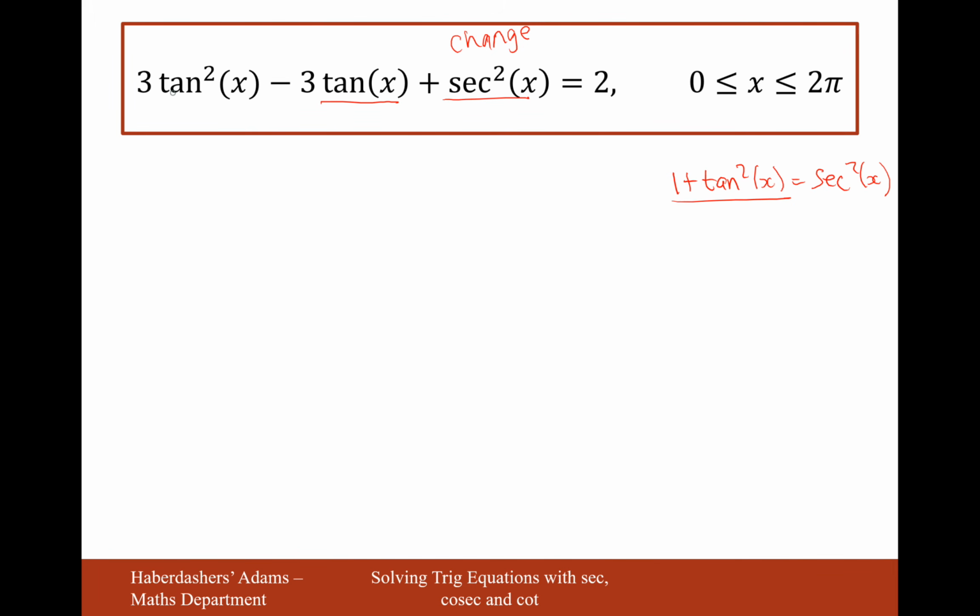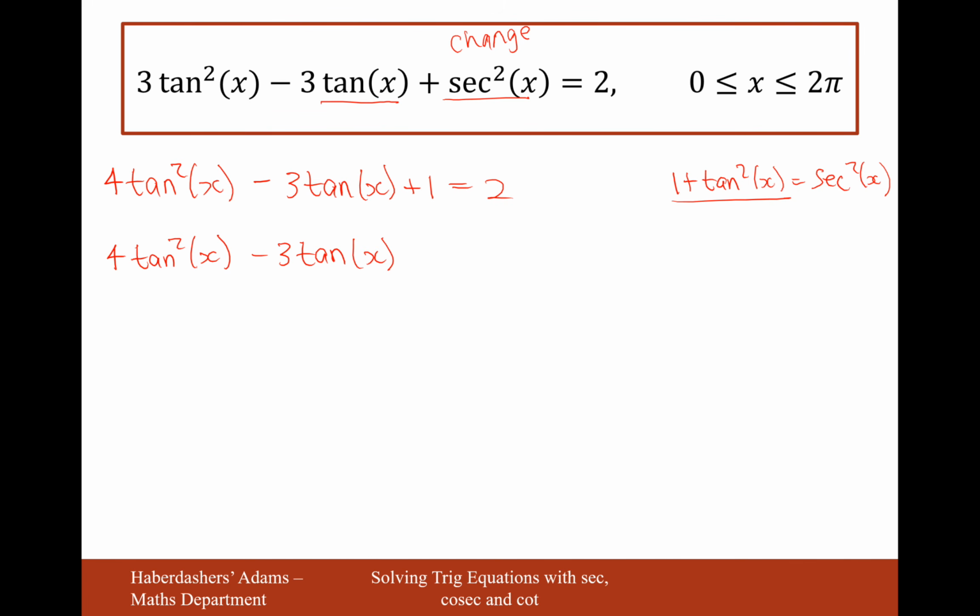So I'll have then 4 tan squared minus 3 tan x, and then I'll have a plus 1 from the sec squared equals 2, and then I'll take away the 2 onto the other side, so it'll be 4 tan squared x minus 3 tan x minus 1 equals 0.